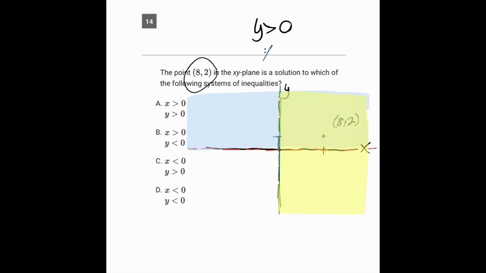So x greater than 0 right there. And you can see from the darker yellow shading that this is the area that got shaded twice. And it's the area where the y value was greater than 0, which is above the x-axis, and the x value was greater than 0, which is to the right of the y-axis. So the answer here is A.